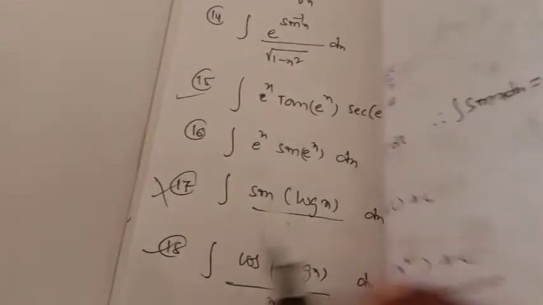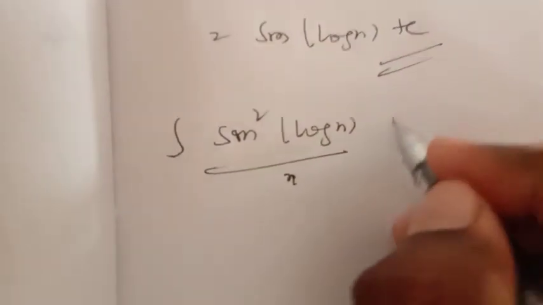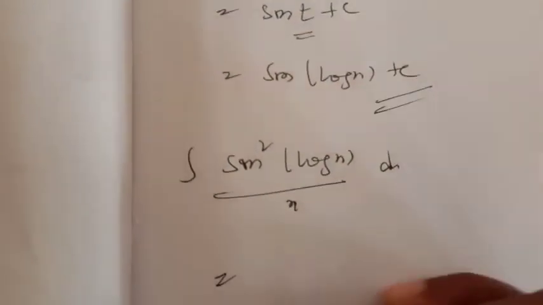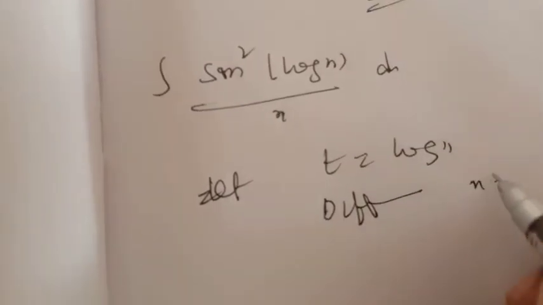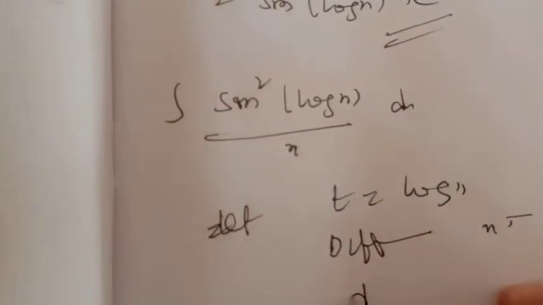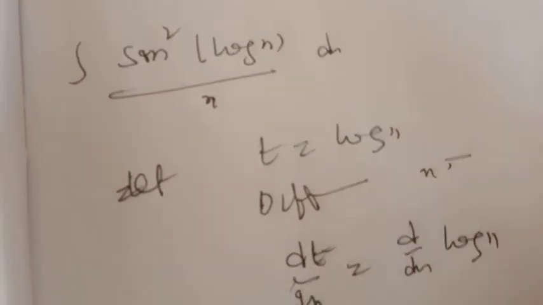And next problem, integral sin square log x by x into dx. Let t equal to log x, then differentiating with respect to x on both sides, we have dt by dx equal to d by dx of log x.